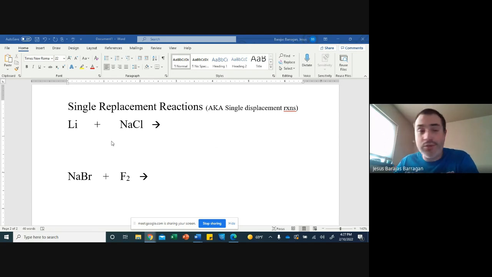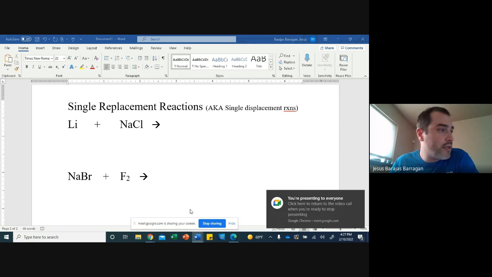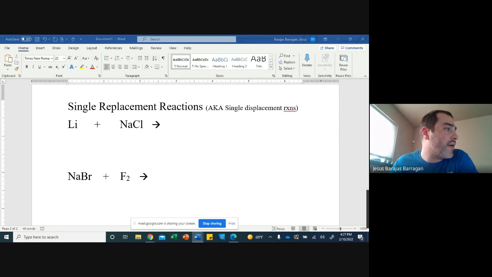Okay? So in this case, let's look at the activity series to determine whether or not lithium appears on that list above sodium. Okay, let me find that real quick. We're looking at lithium and sodium. There is the activity series for the metals. Lithium is at the very top. It can replace anything below it.